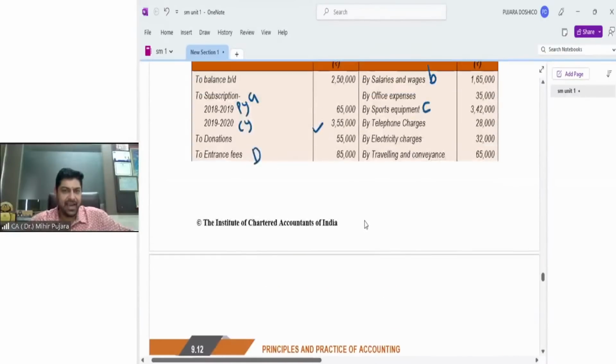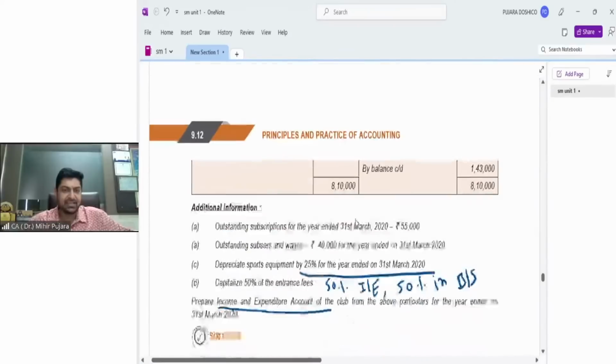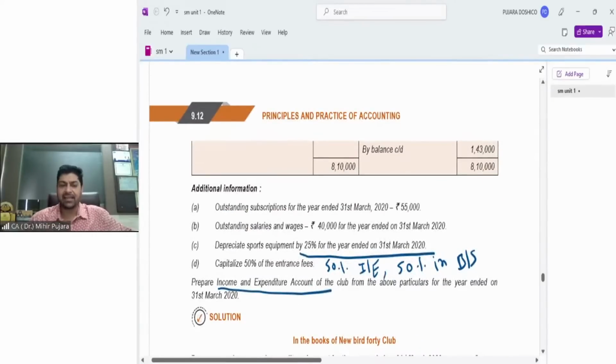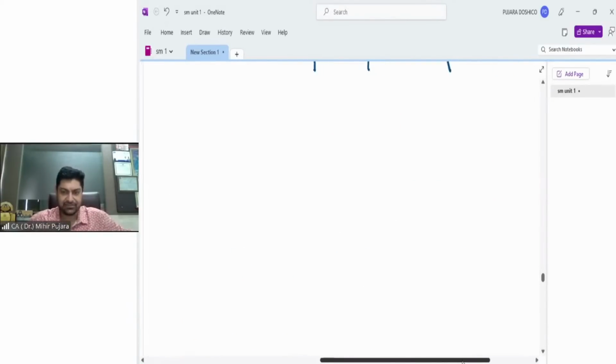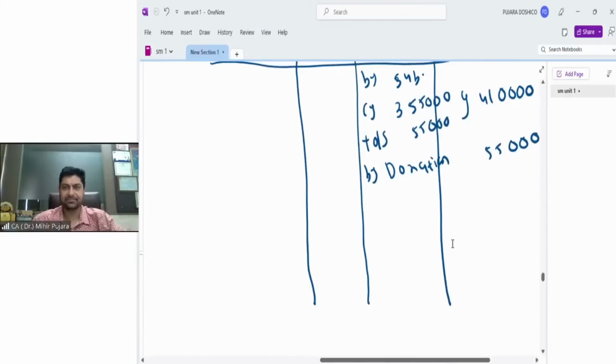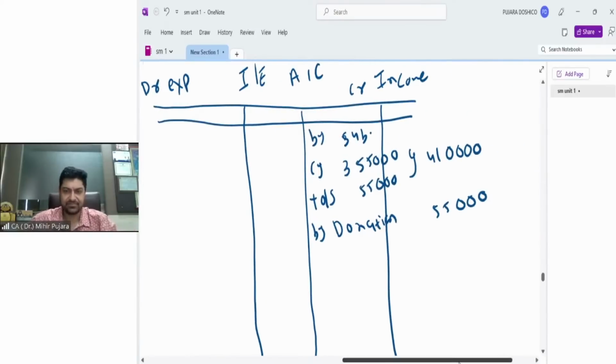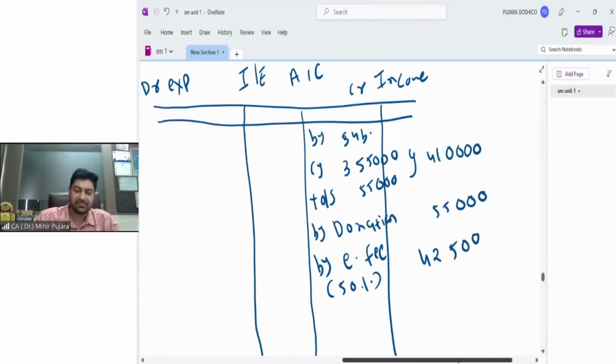Entrance fee 85. But what it says, 50 percentage in INE, 50 percentage in balance sheet, right? By entrance fee, only 50 percentage. Done. 42,500. Simple.